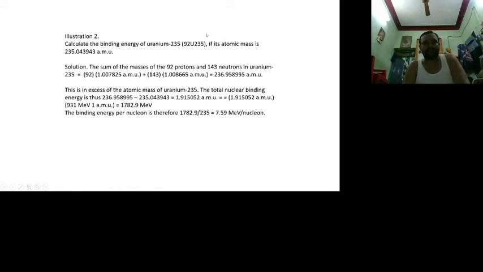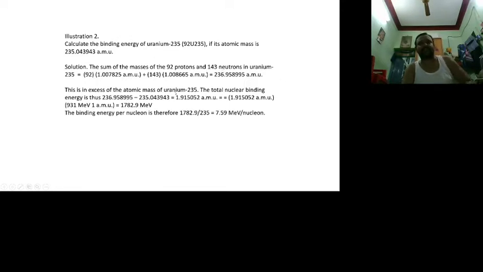Subtracting gives the mass defect. This is the theoretically calculated mass, and the difference is the mass defect.